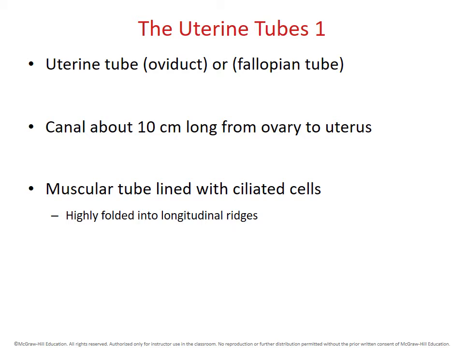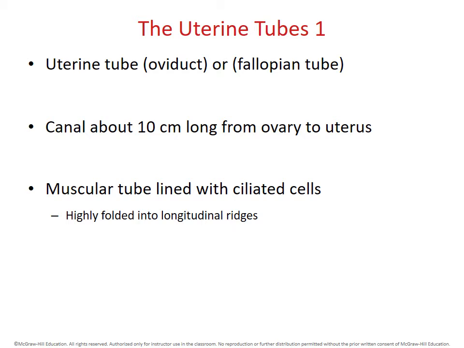If that does happen, it's possible that it can implant on any other tissues, the wall of the pelvis, the surface of the urinary bladder, and so on. It's also possible that sperm cells might be able to swim through this tube and into the pelvic cavity, and possibly, though it's rare, possibly even fertilize an oocyte that is implanted in an incorrect position.